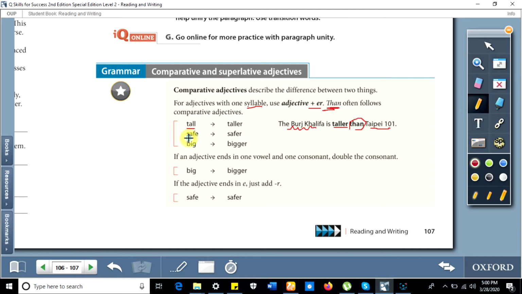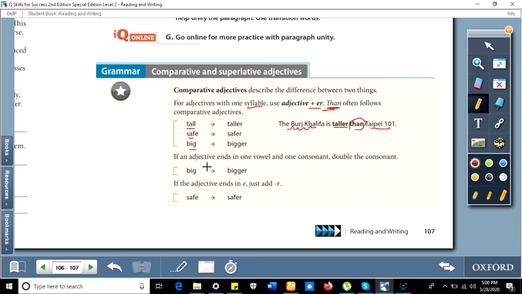Here we also have one syllable, and we need to add -er if it's one syllable, right? So here we add -er. In "safer", the E is already there but is silent, so we need to add only R. And "big".